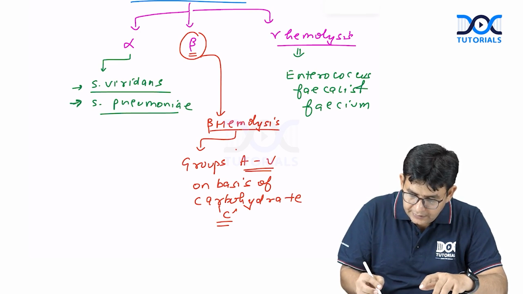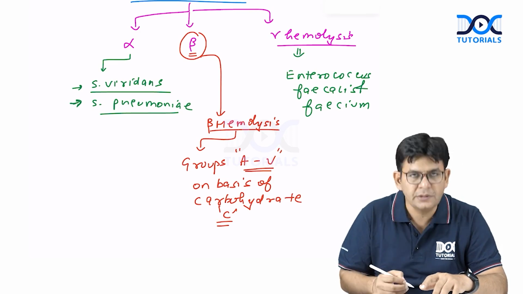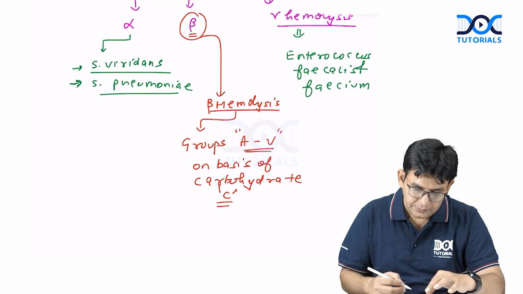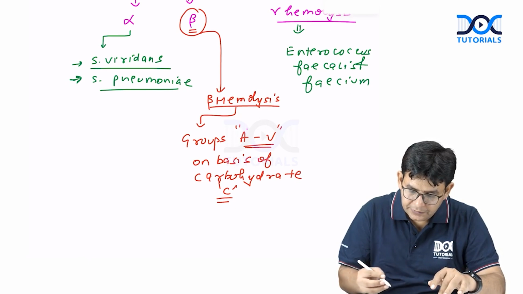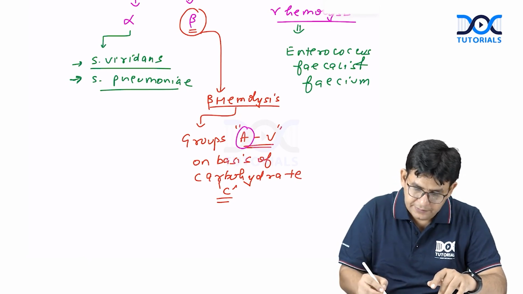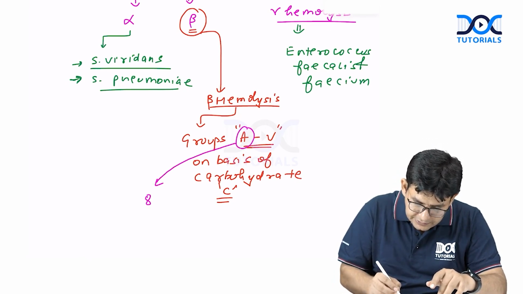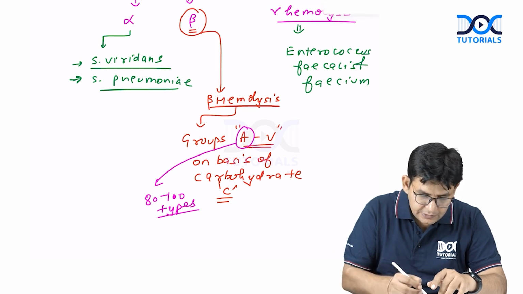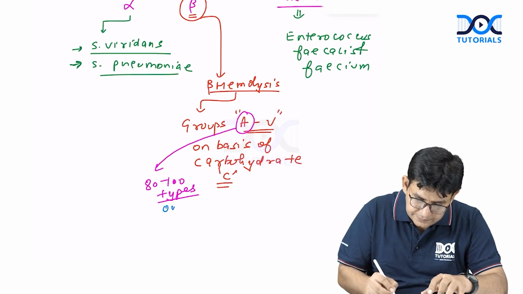Carbohydrate C, and they are grouped into how many groups? Groups A to V. And what do you do then? You take group A and divide this further into 80 to 100 types on the basis of M protein.